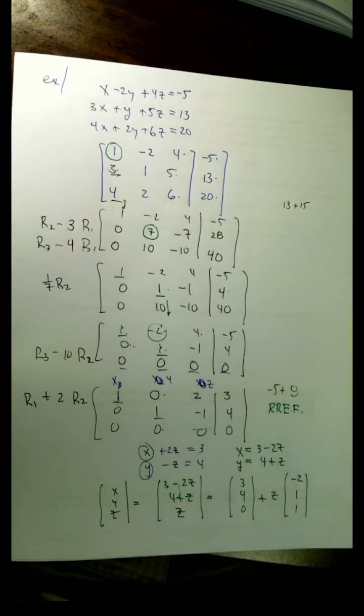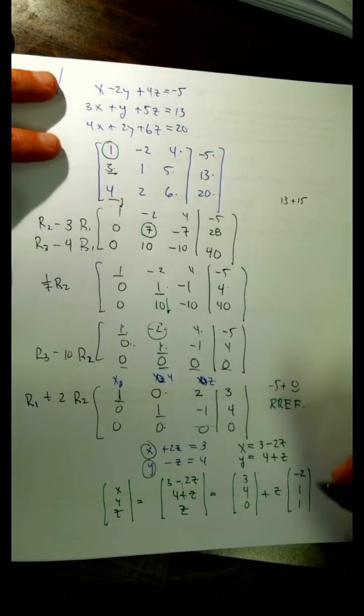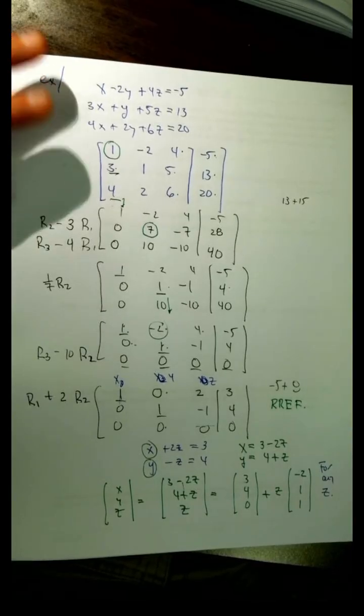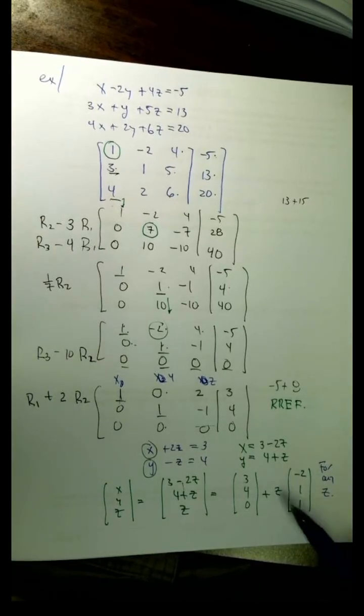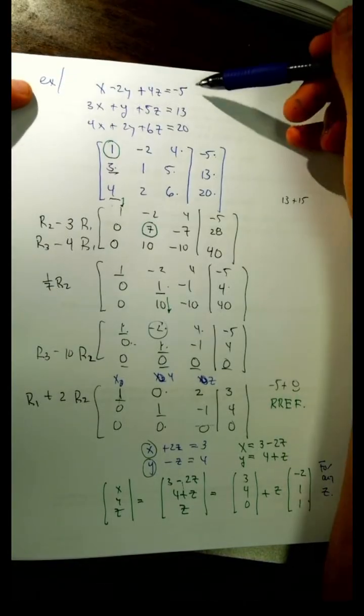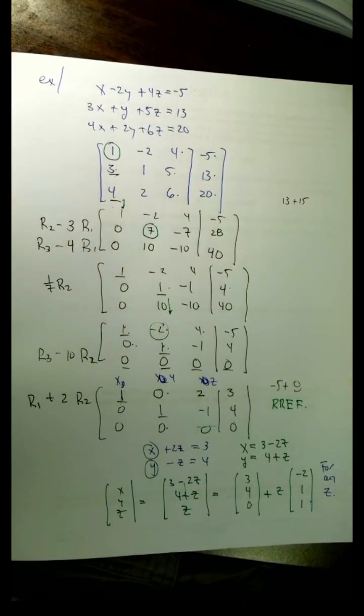My solutions to this system of equations are going to look like this. And that's going to be true for any value of z. You give me any value of z, that's going to define x and y, and it's going to solve this system of equations. And notice I have infinite solutions.